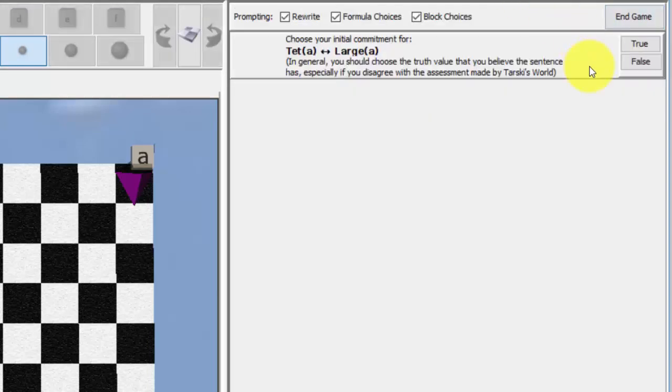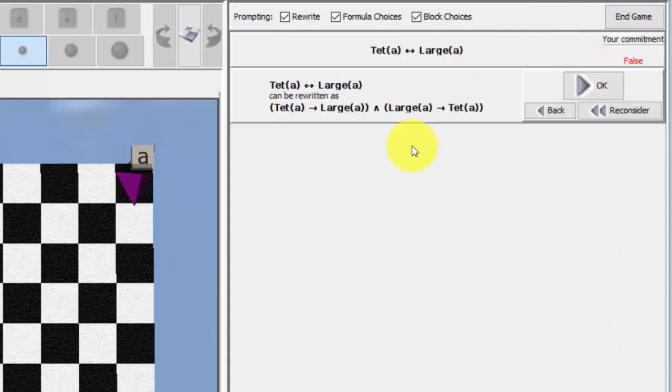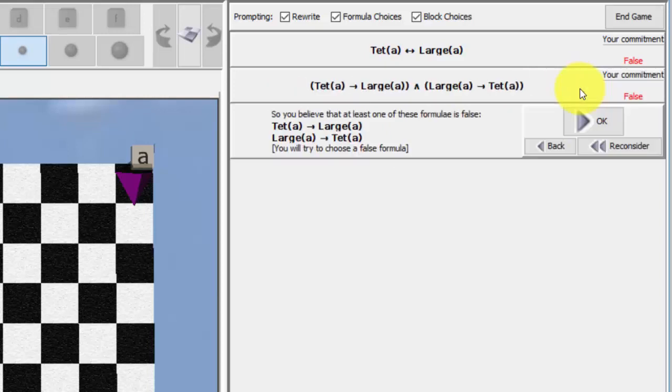All right, so let's try saying that it is false. Again, it's going to rewrite the biconditional as a conjunction of two conditionals running in opposite directions. And so now we're going to pick the one that we think is false.